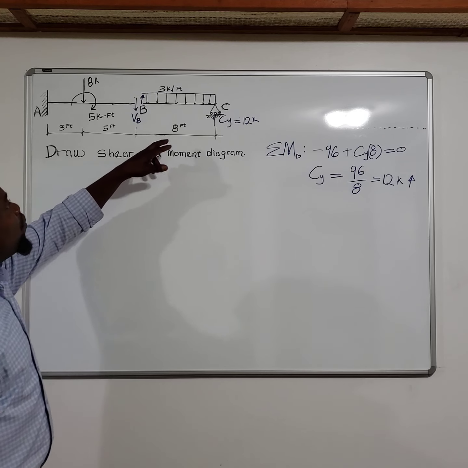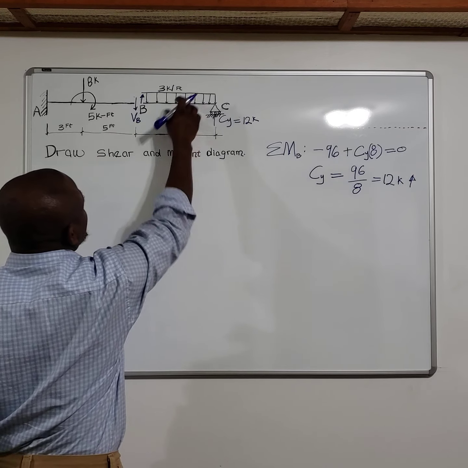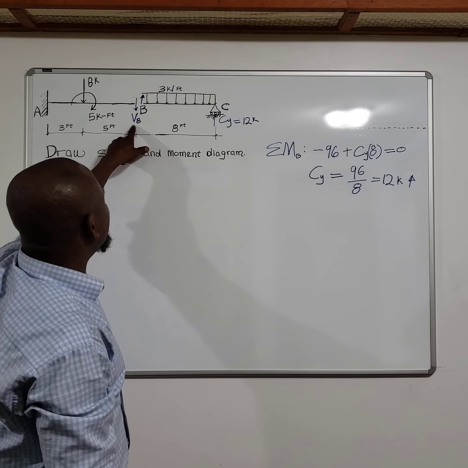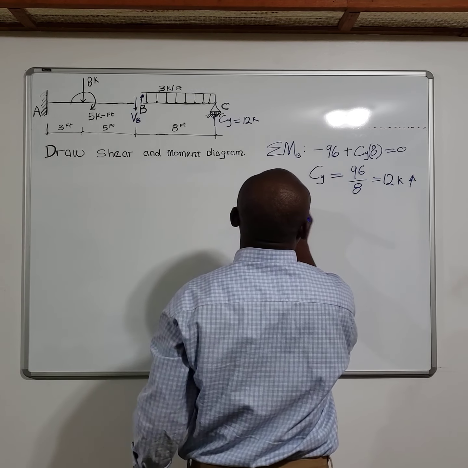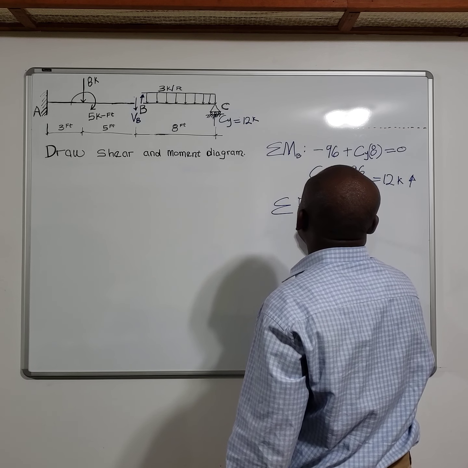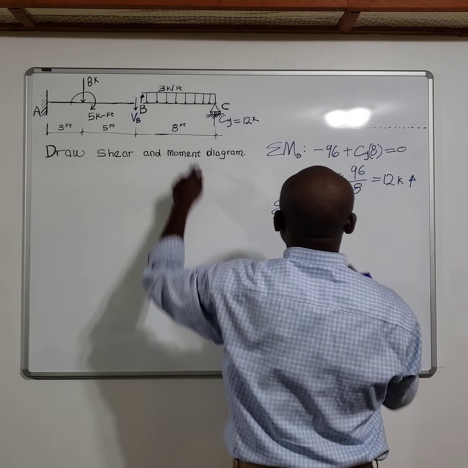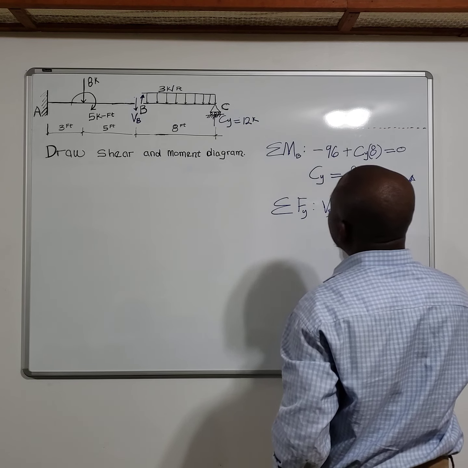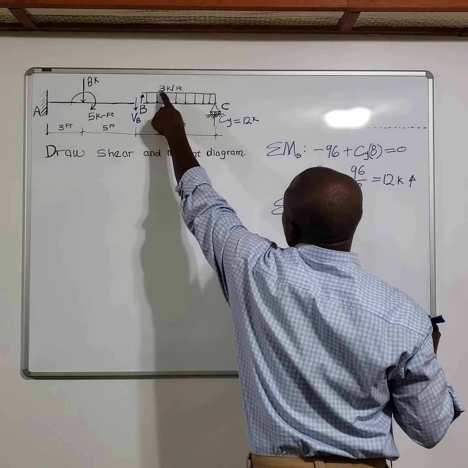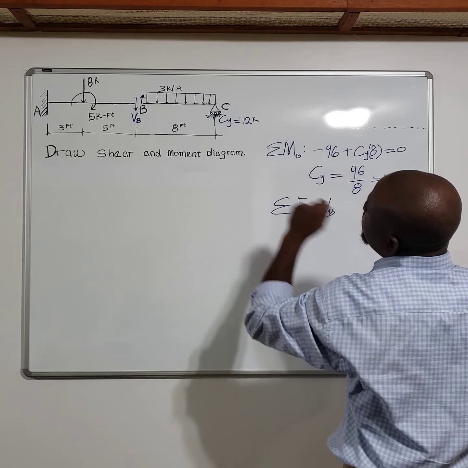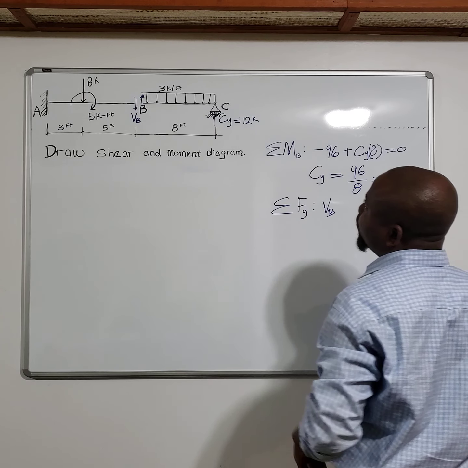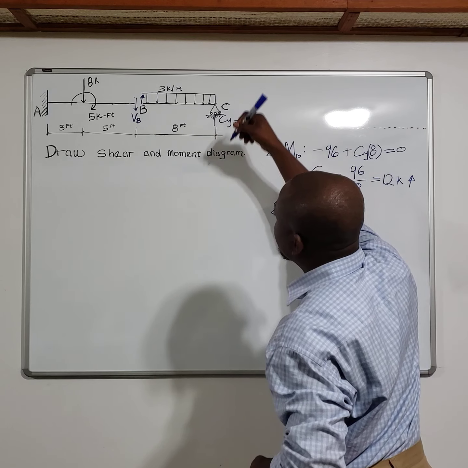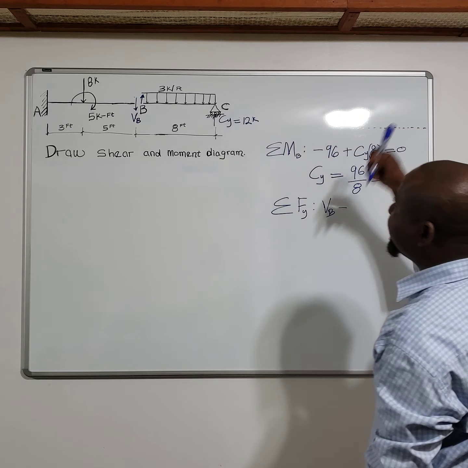The next thing you need to know is to sum the forces in this section. With that, you'll be able to determine the value of VB. So the sum of the forces along the y direction will be VB, okay, VB, this uniformly distributed load, 3 multiplied by 8, that's 24, minus, and it's negative because it's acting downward.